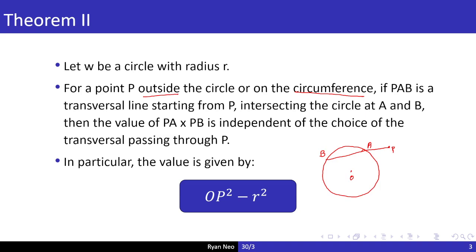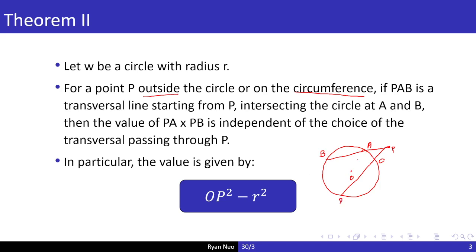So it intersects at A and B, and then what this theorem says is that the value of PA times the value of PB would be independent of the choice of transversal passing through P. So what it's saying is that in this case, let's say you draw another random transversal passing through P, and we got C and D here.